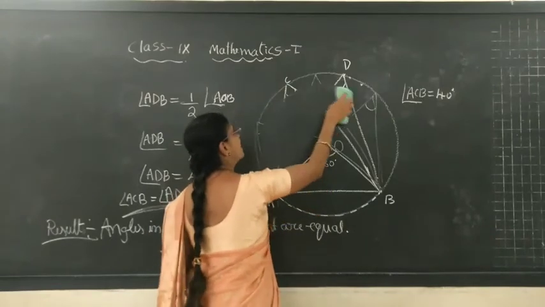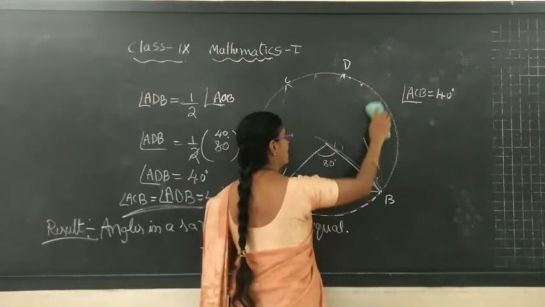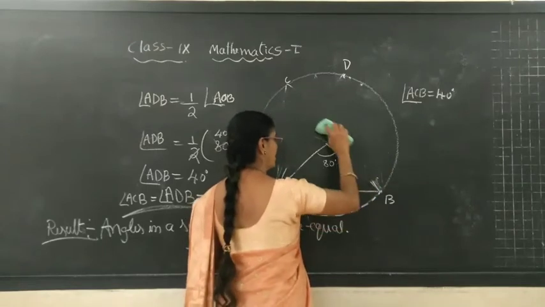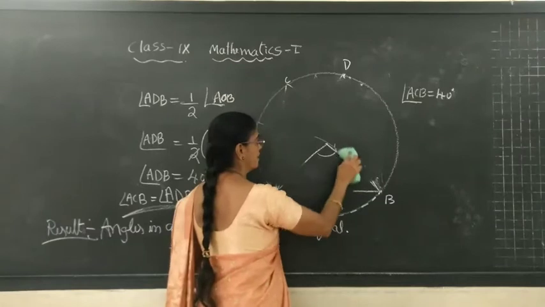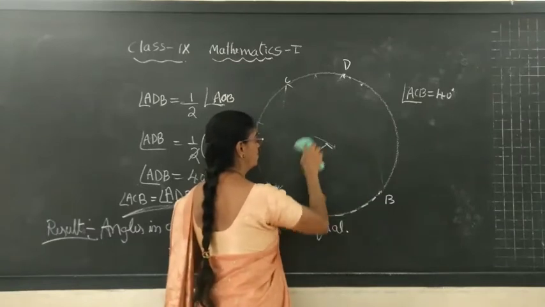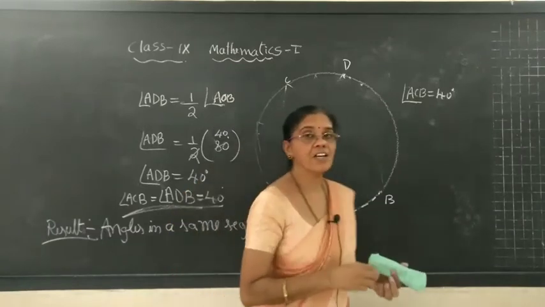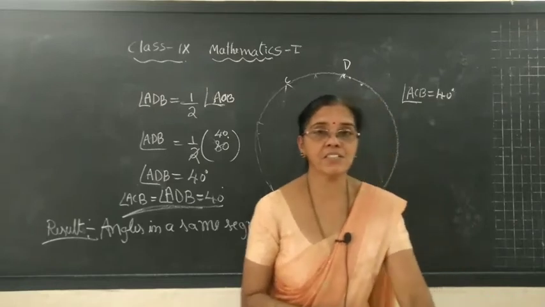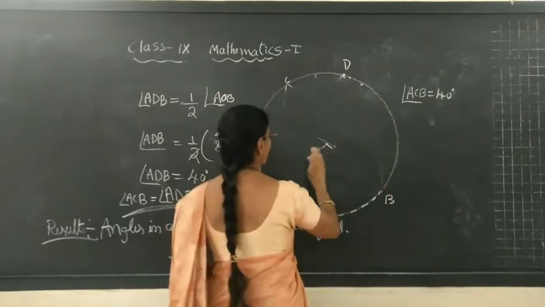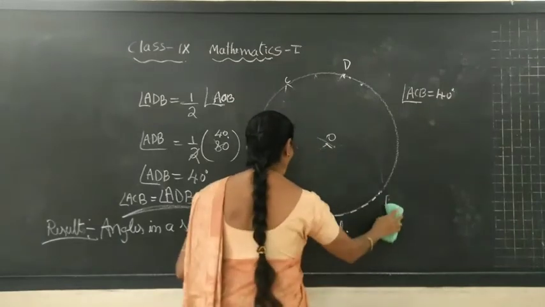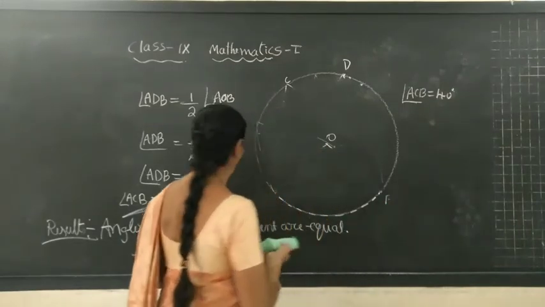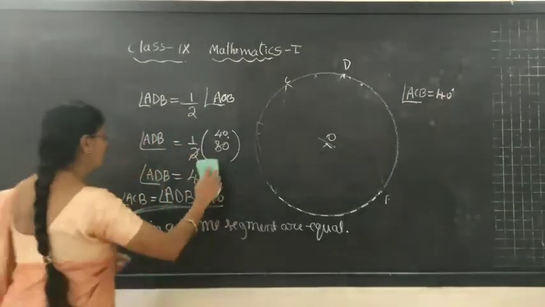Okay. So you can draw one more circle now to get one more result. All of you, children, draw it now. Draw a circle of radius 3 centimeter. Take it down.